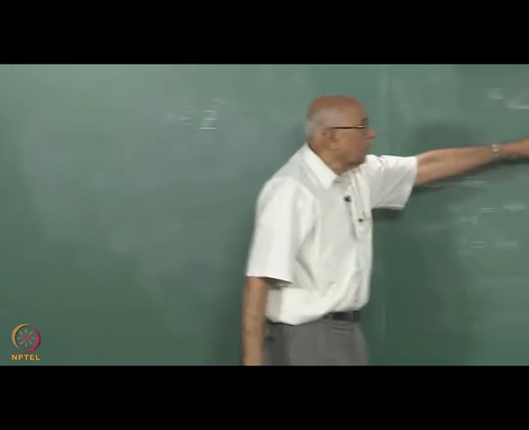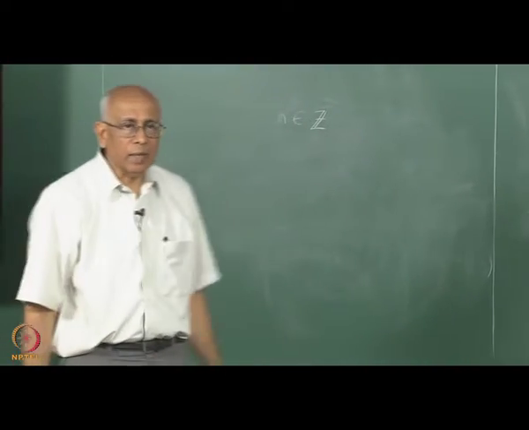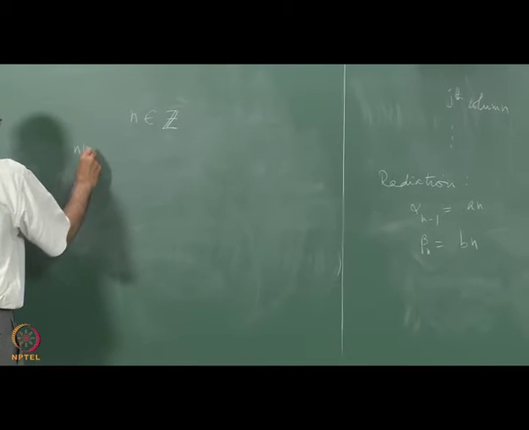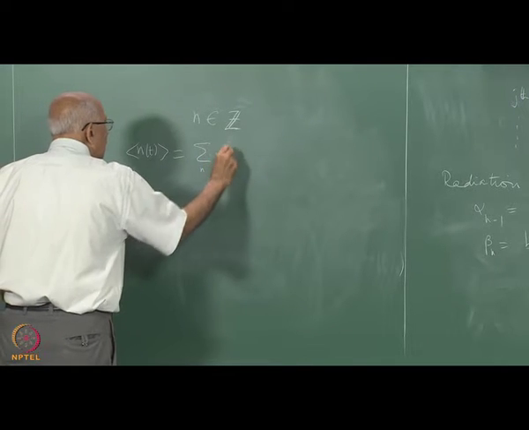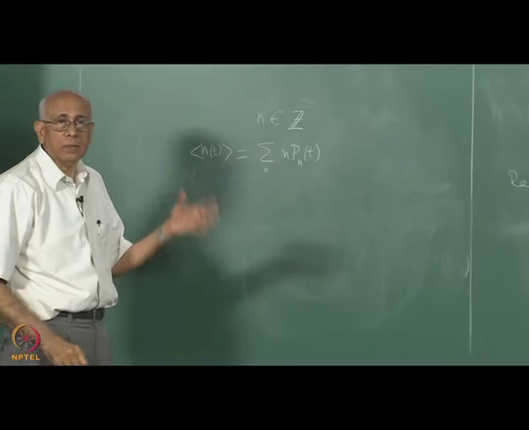I look at this and I ask, what is the average value of this random variable n at any time t? So, what I need to compute is the average of n of t. This is equal to the summation over n times Pn of t over all the integers.